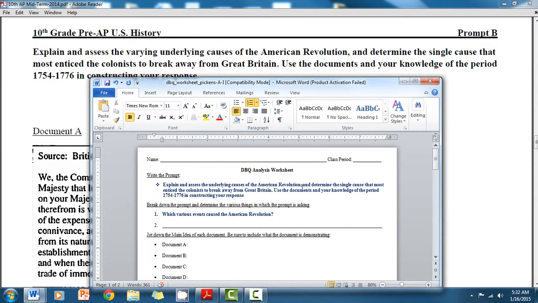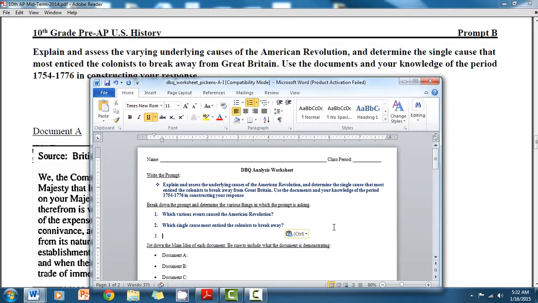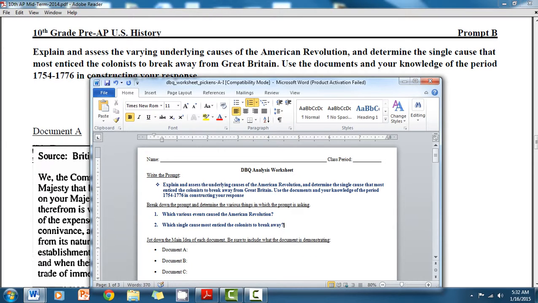And then the second part of the prompt commands us to determine the single cause that most enticed the colonists to break away. So the second thing it's asking us is which single cause most enticed the colonists to break away. So we already know the format and the structure.